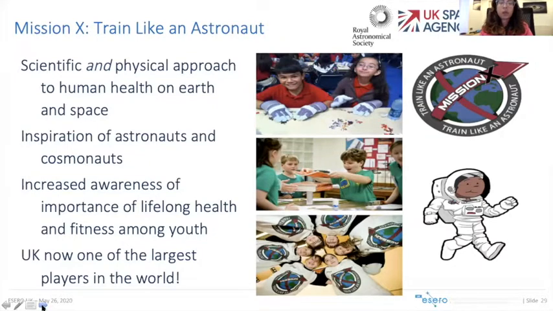It is run as a competition every year, but you can just use the resources in your class as a one-off. You don't have to do the competition, but if you do log your class in and log all the points that you're doing, you can get points, and there's a leaderboard.